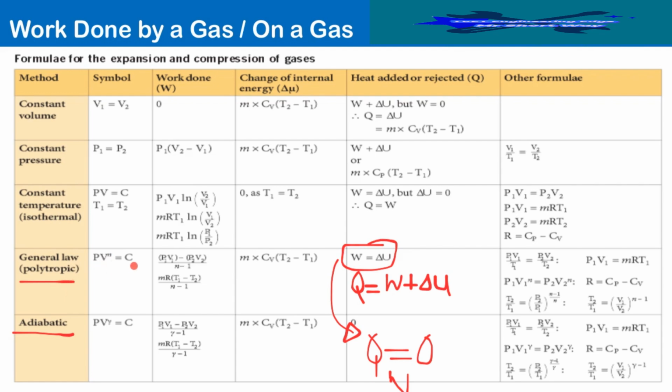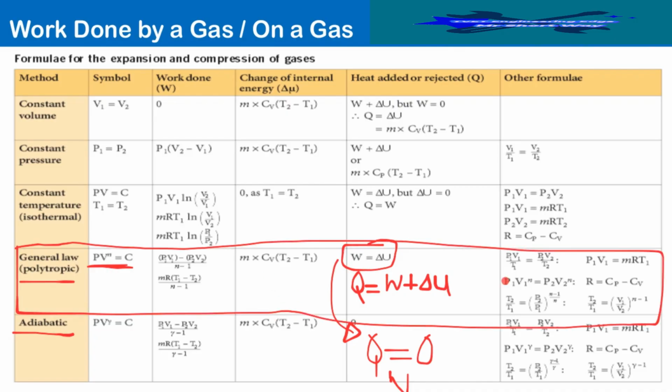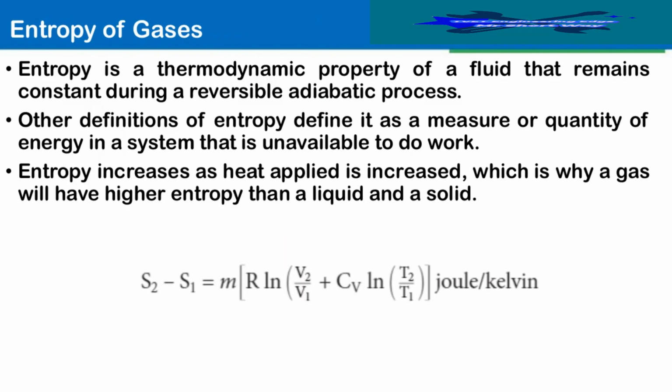We see it in the general or polytropic equations. So we know this is the row that we're going to look at. These are the governing equations, since they told us PV to the power of n is equal to C is the governing condition for this expansion.